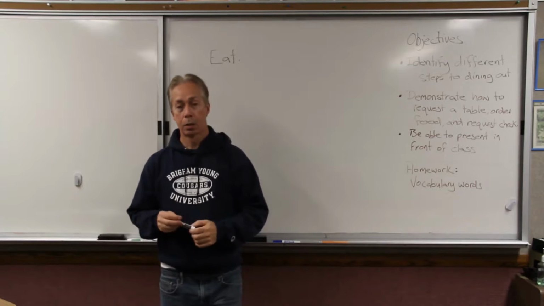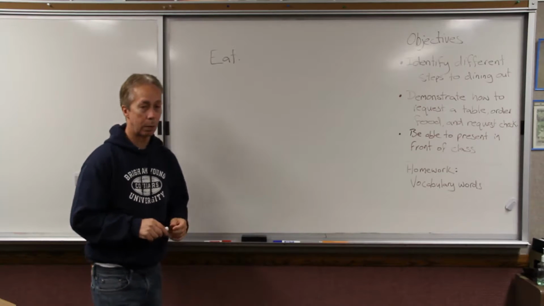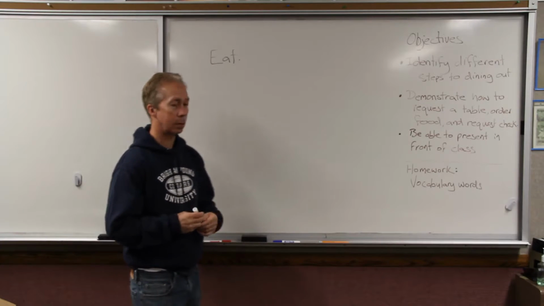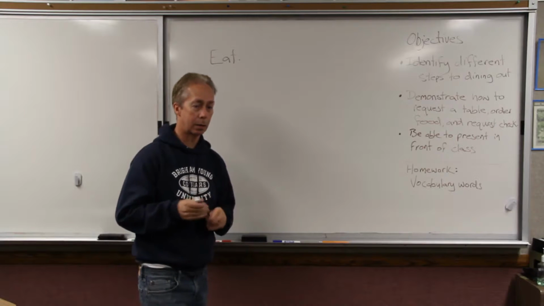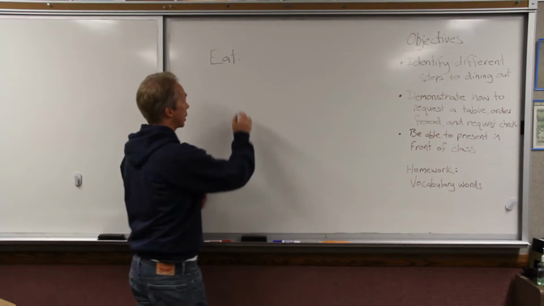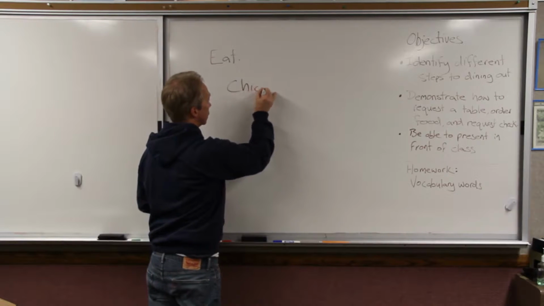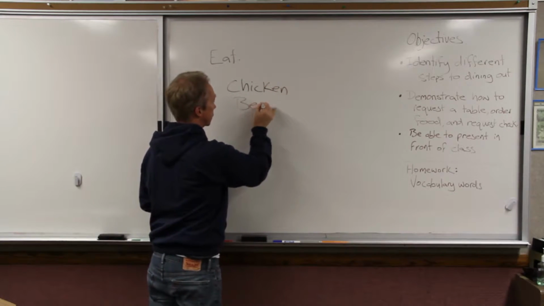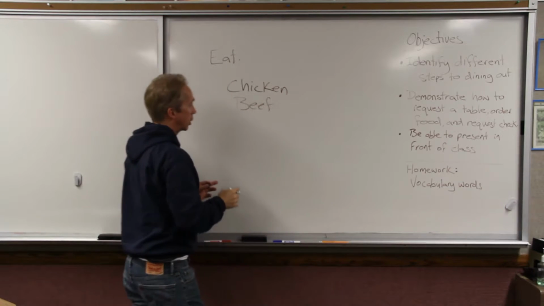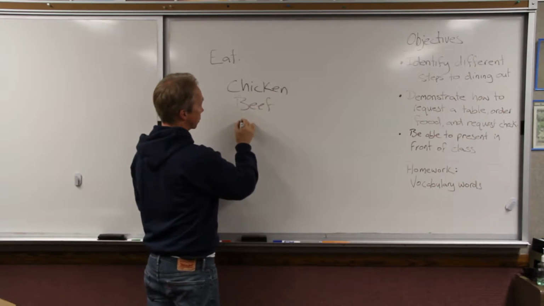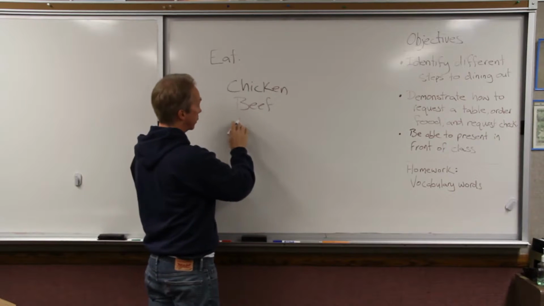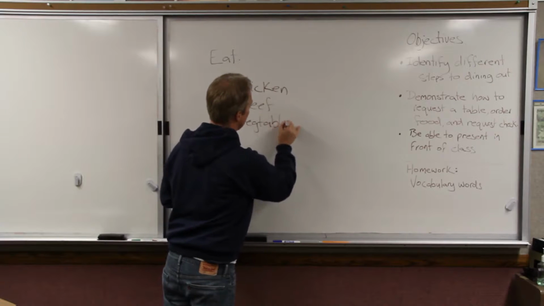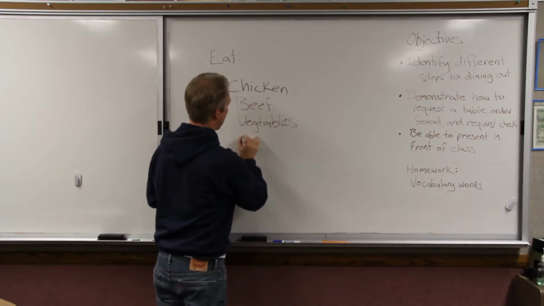So just reviewing some of the vocabulary words that everyone's been working on. Let's throw those out. That's correct. We've got chicken, beef, what else? Pork. Vegetables. Heard someone say pork.